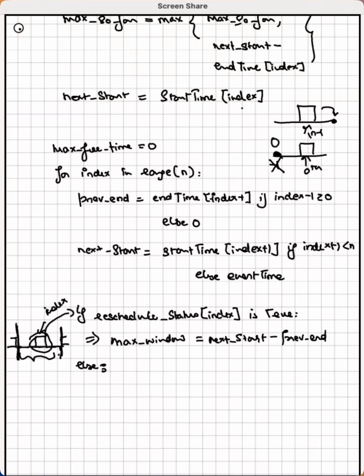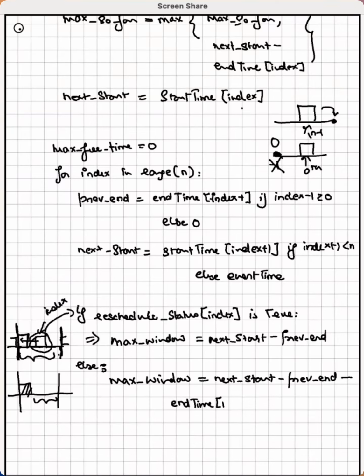Now, in case I cannot push this out, the maximum window size that I can create is by pushing it to the left like this. So then this would become something like this. So this is the maximum that I will be able to get. So let's say in this case my max window will be equal to next start minus previous end minus this meeting time, which is end time of index minus start time of index.